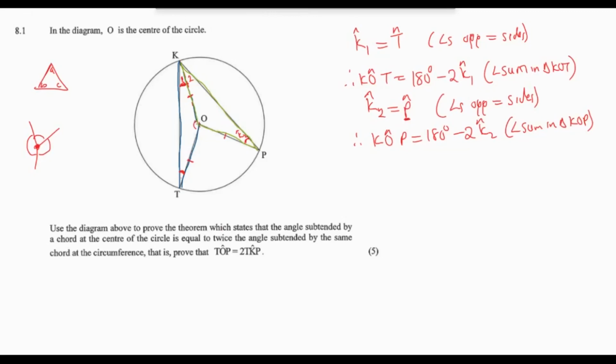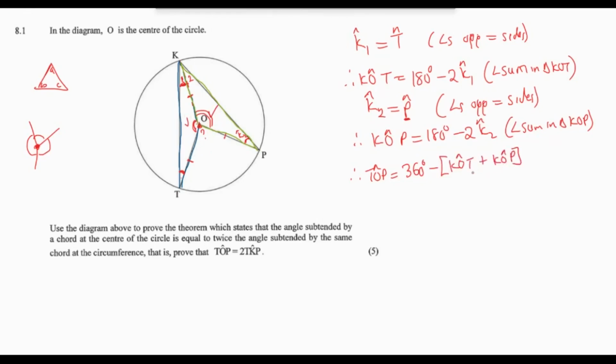Now we have angle KOT, we have angle KOP. Now we can find this angle because these three angles are angles around a point, right? So what can you say? We can say that angle TOP is equal to 360 degrees minus angle KOP, and also minus angle KOT, because these are angles around a point.